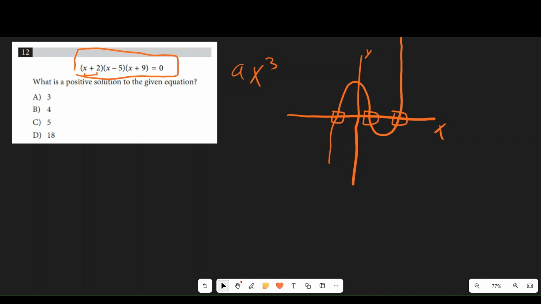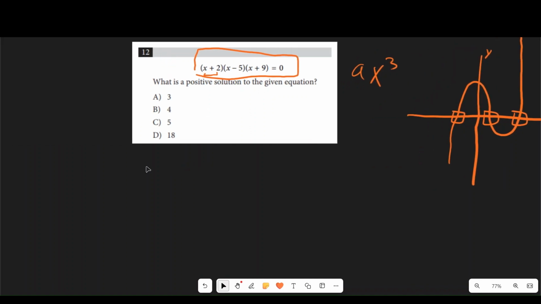So with that concept being reviewed, now let's try and solve it, right? They already did most of the work for us. They gave us these different binomial terms and set them all to 0. So now all we have to do is solve for x for each one of these binomial terms. We have x plus 2 is equal to 0.